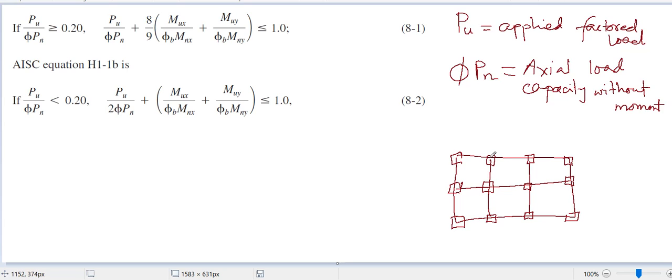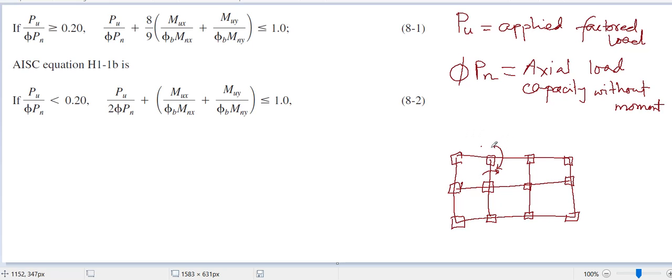But what about this column? If the load here and here is equal, good, there will be no moment this way. But there's load here and no load here, so it's obvious that there will be some moment this way. Now if this load and this load are not equal, then there will be moment about this axis also.